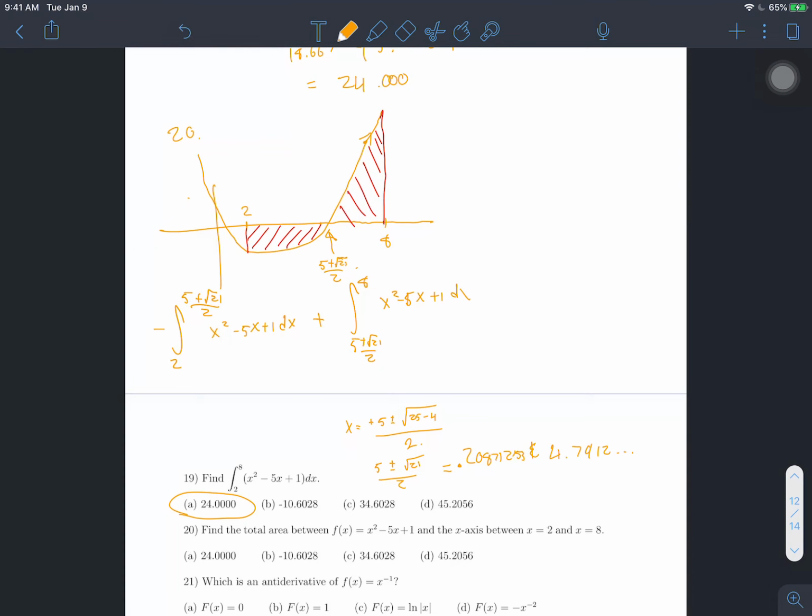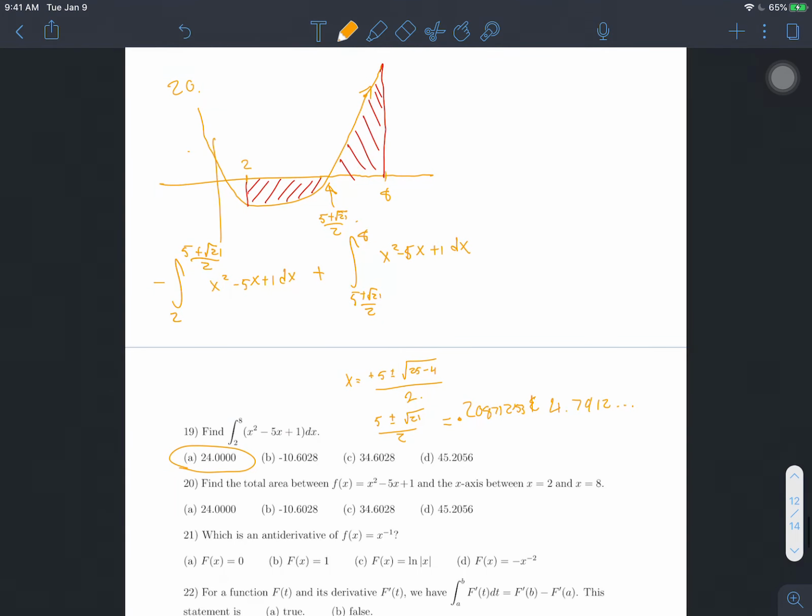So 1 dx. So, all right, let me plug this into a calculator because I don't want to do it.